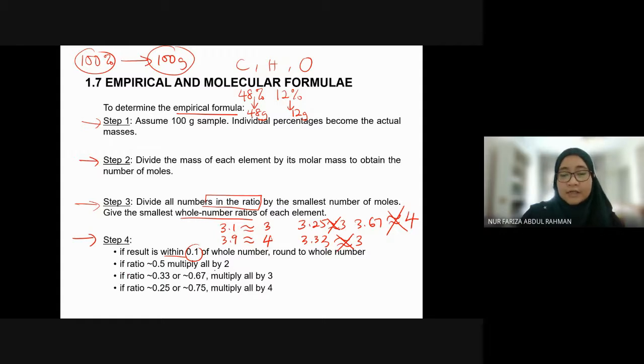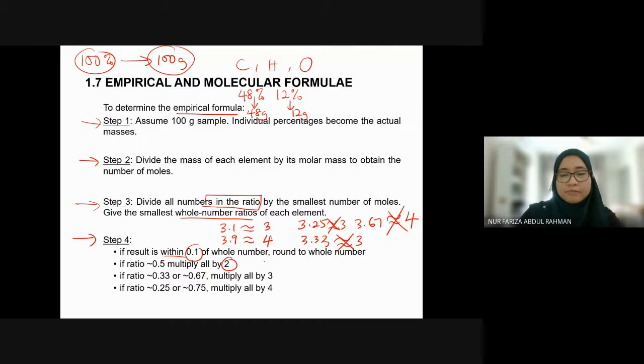So you have to consider a factor that needs to be multiplied in order to get the whole number. If the number has 0.5, then you have to multiply all the ratio with 2.